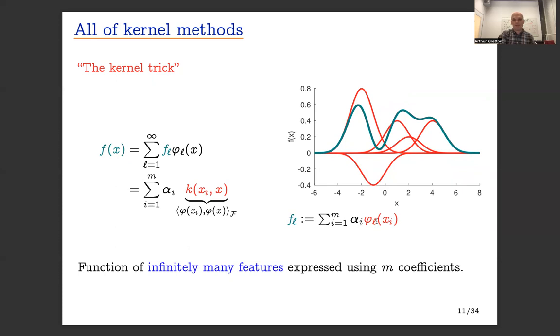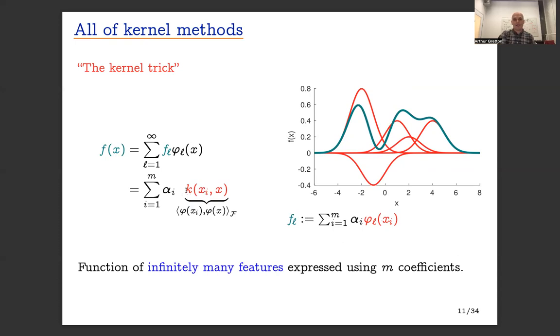I take a weighted sum of those features, and that gives me my infinitely long vector of coefficients. Well, if that's the case, and if we know the dot products between the features of xi and the features of x in closed form, that's this kernel function, then I can write my f of x as a finite sum, where I only need to remember the coefficients alpha and the locations xi at which I'm evaluating my features.